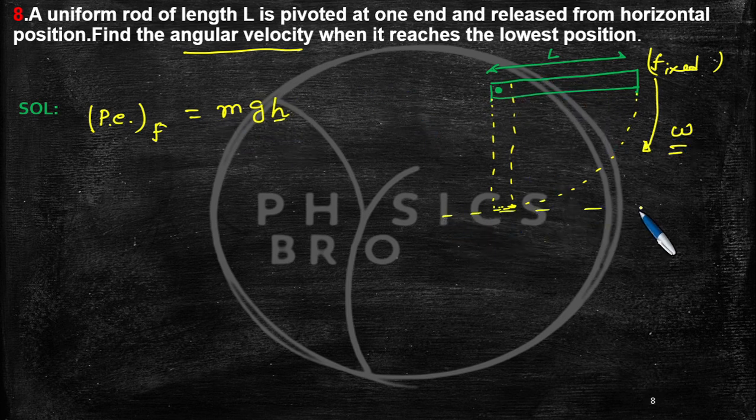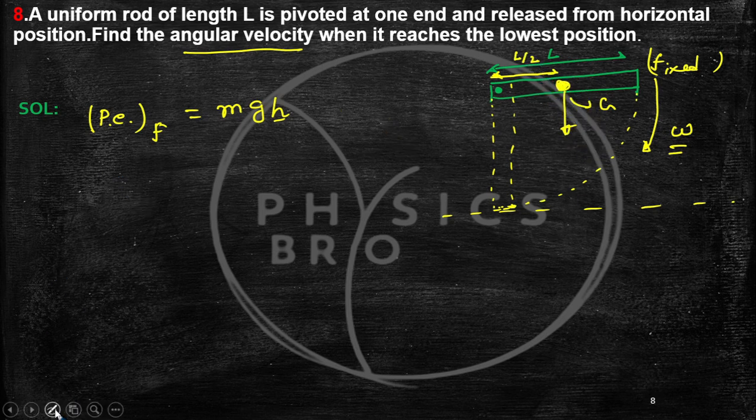Don't calculate this h as L. The idea of potential energy is lying there. There is a center of gravity, and this is working here, not the whole body, because we can treat that the whole mass is concentrated in that G. The distance between the fixed point and the G is nothing but L by 2.